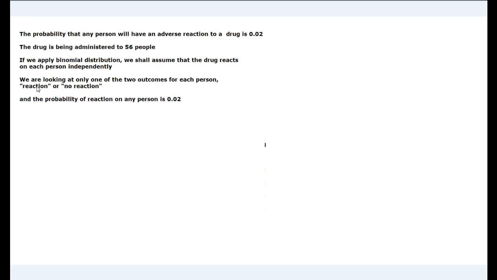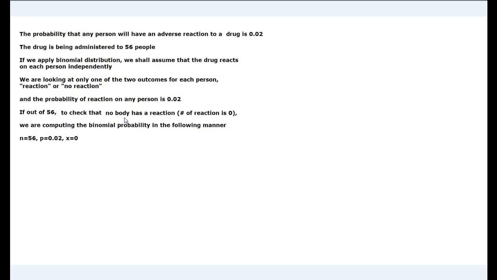For each person we are looking at only one of two outcomes, reaction or no reaction to the drug, and the probability of the reaction is 0.02. Now say we would like to obtain the probability that nobody has a reaction, or the number of reactions is 0.